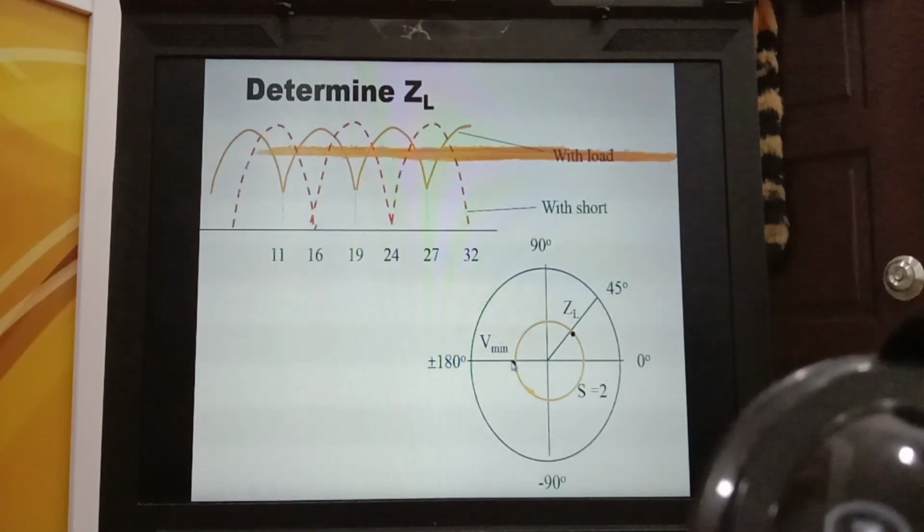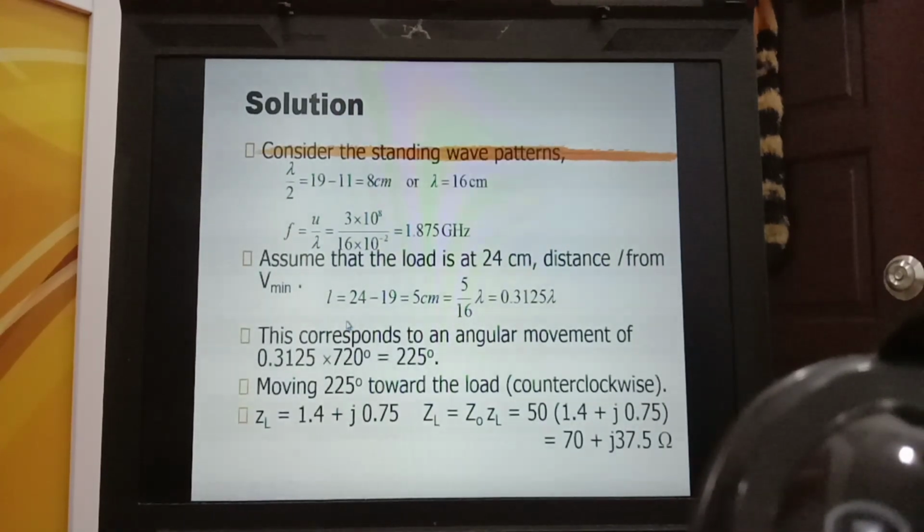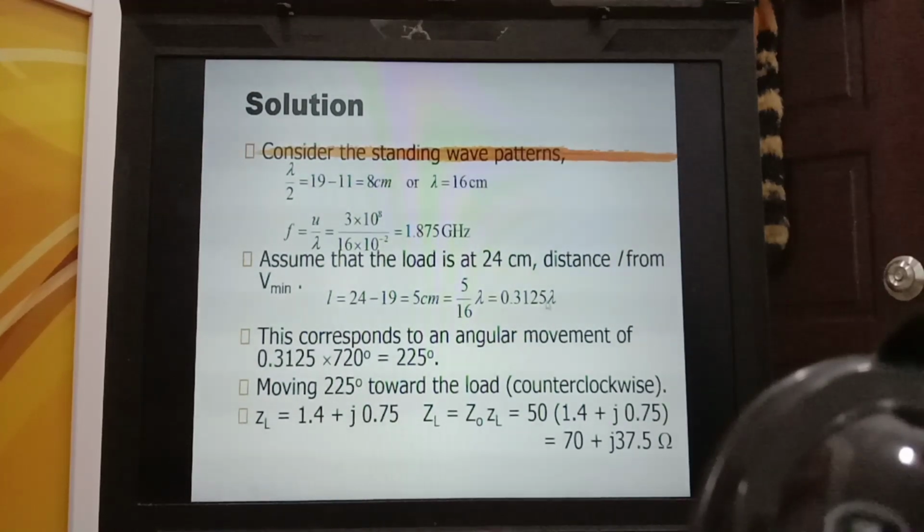So what is 5 cm compared to the wavelength? 24 minus 19 is 5 cm, and earlier we found that the wavelength is 16 cm. So that 5 cm corresponds to 5 over 16, which is 0.3125 lambda.